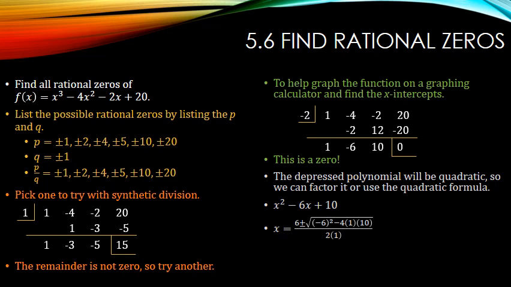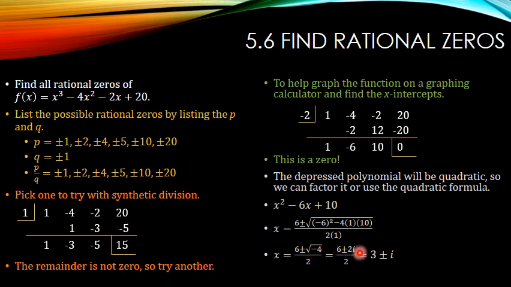Remember, the quadratic formula is negative b plus or minus the square root of b squared minus 4ac, all over 2a. So I filled in a, b, and c. Simplify it. This is 36 minus 40, so that's -4 inside the square root.